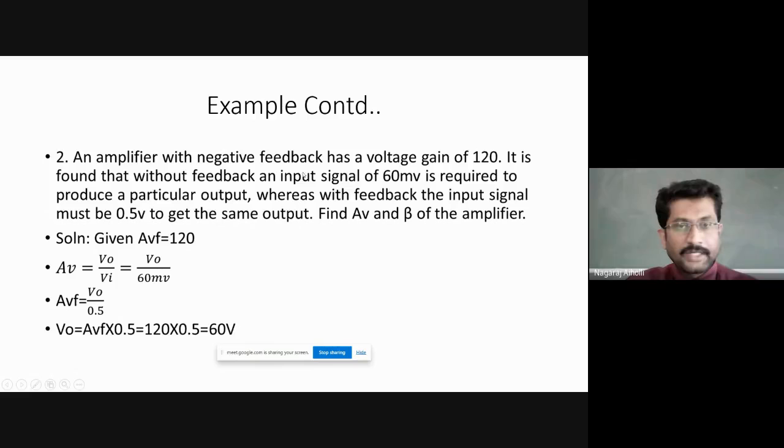An amplifier with negative feedback has a voltage gain of 120. That is, with feedback the gain is 120. It is found that without feedback, an input signal of 60 millivolt is required to produce a particular output. Whereas with feedback the input signal is 0.5 volt to get the same output. Note that it is the same output.